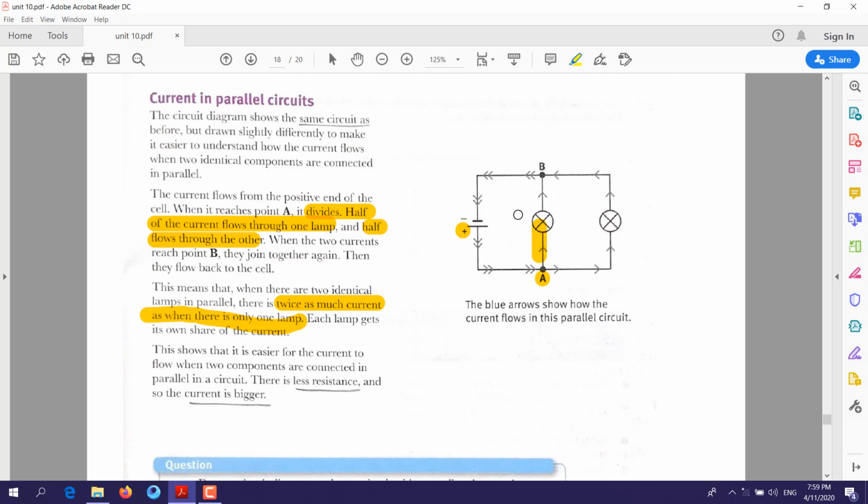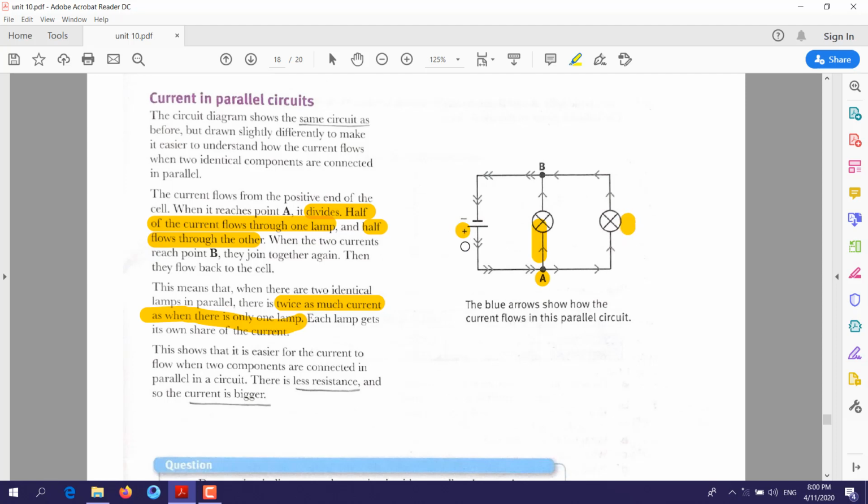Again, some of the electric current will go to the bulb and the rest will keep moving. When it reaches point A, it divides. Half of the current flows through one lamp and half flows through the other.